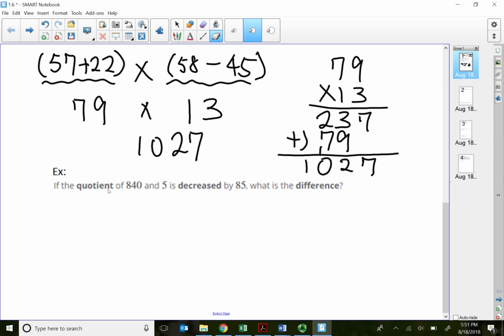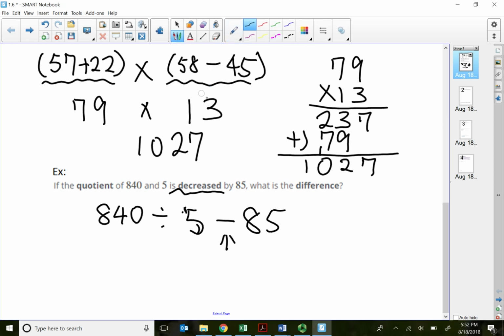This one is a quotient of 840 and 5, the division of 840 and 5, is decreased by, which means subtract, 85. So I need to do my division first, the division of 840 and 5, then it's going to be decreased by 85. So we subtract 85 afterward.